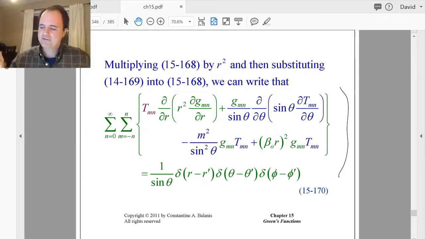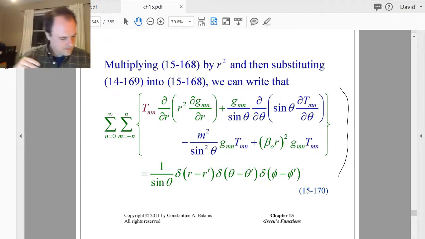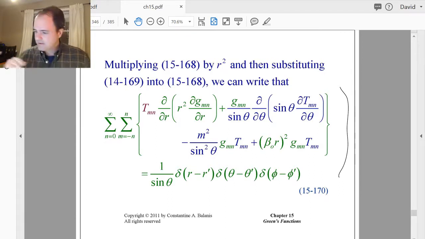But if you think about it, that doesn't make any sense whatsoever, because you mathematically cannot do that. That's not a valid mathematical operation. What you can do is take out G of M and T of M internally for each term.